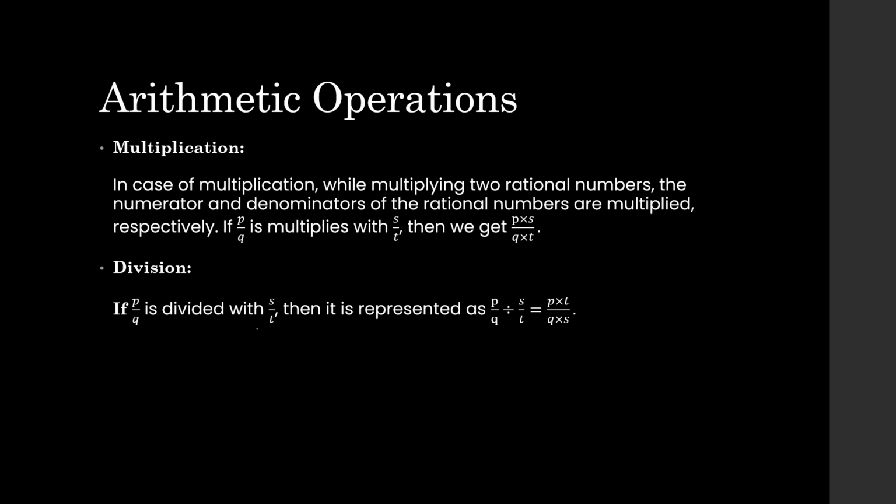Like here, for s upon t the reciprocal is t upon s. So we write t upon s and change the division sign into a multiplication sign. So p upon q multiplied by t upon s. Then we multiply the numerators and denominators respectively.